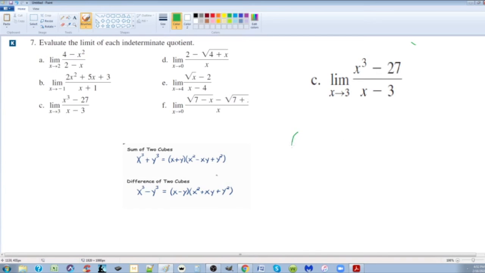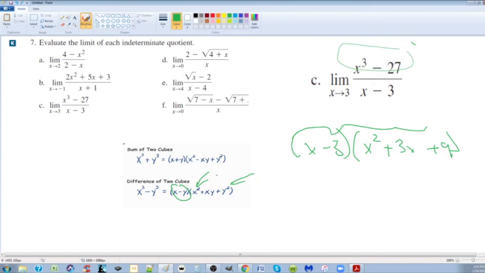So we can see our top value is going to be this, x minus 3, and then it's going to be this, x squared, plus, it's going to be the opposite, plus 3 times x, plus 3 squared. And if in doubt, you can expand it, and you should get that.